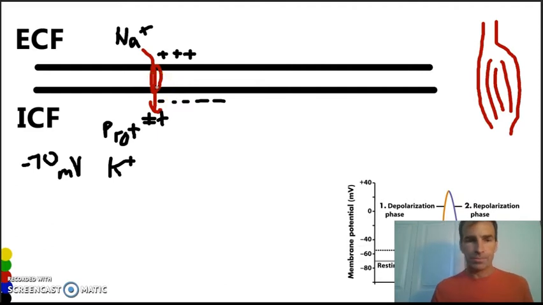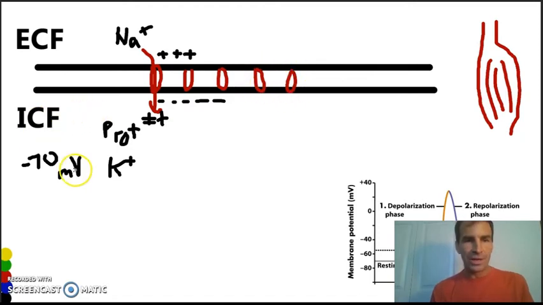What happens when this charge becomes more positive in this area is that it is then going to cause other channels to open up. Let's just draw these other channels here. I probably should pick a different color than red. These are other sodium channels here.